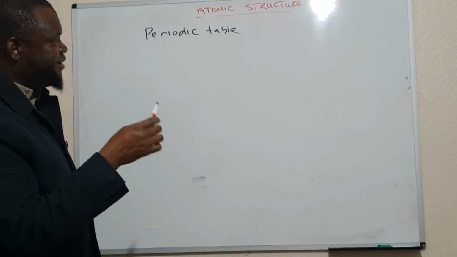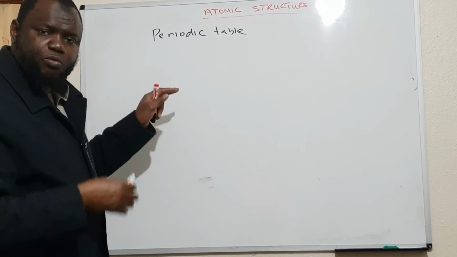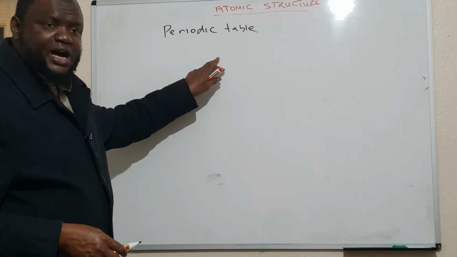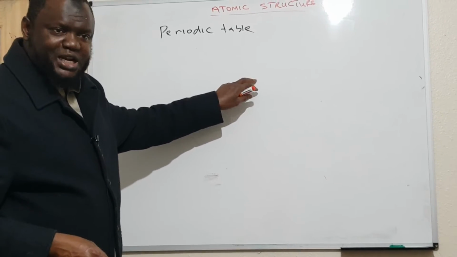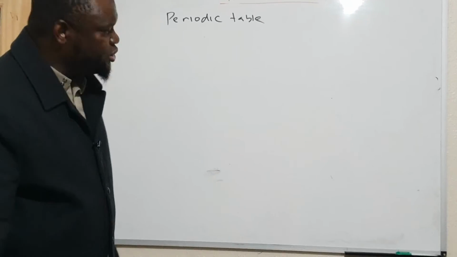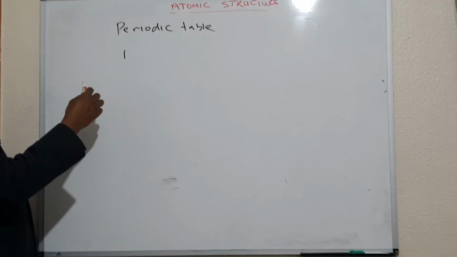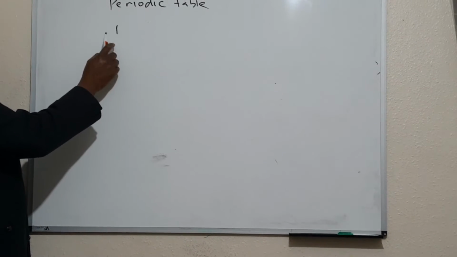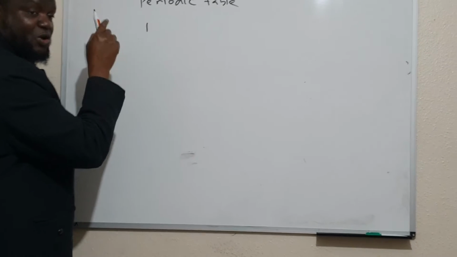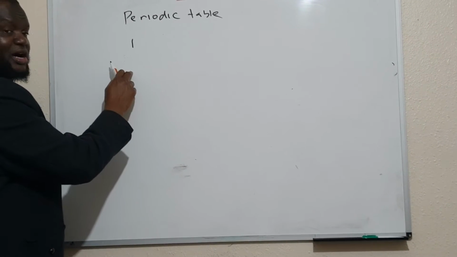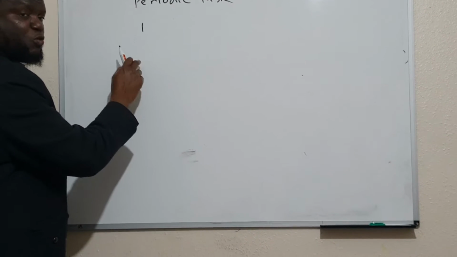So, if an element has one electron in the outermost shell, it will be in group 1. If it has 2 electrons in the outermost shell, it will be group 2. If it has 3 in the outermost shell, it will be group 3. You understand? So all the atoms with one electron in the outermost shell will be in group 1.